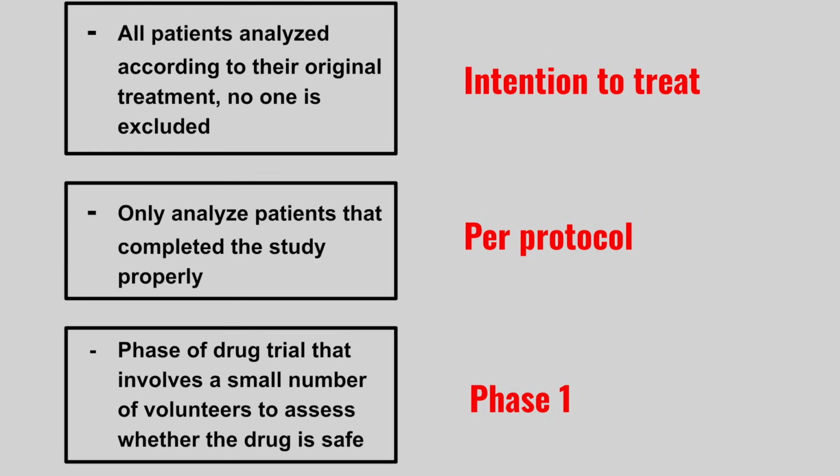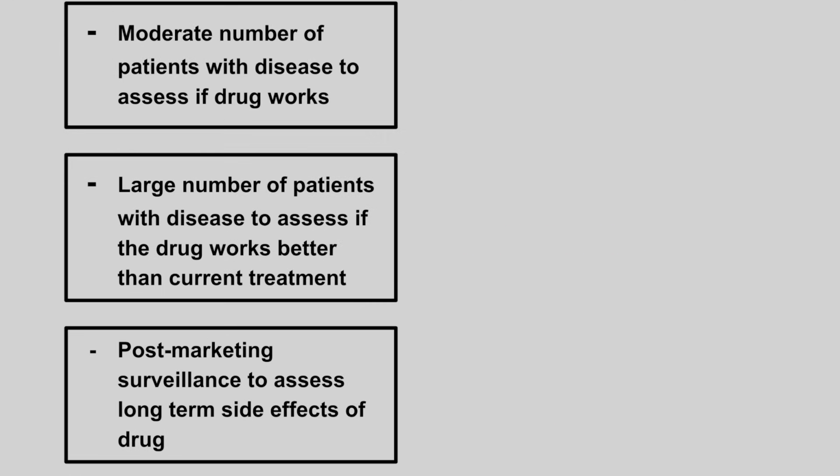Remember, phase 1, small number of participants, and we're assessing safety of the drug. Next, we have a moderate number of patients with the disease to assess if the drug actually works. This is phase 2 of the clinical trial. Remember, here we want to see if it actually works in people who have the disease.